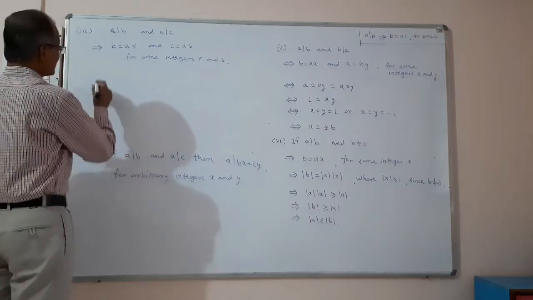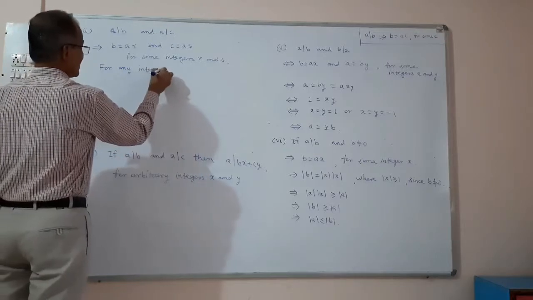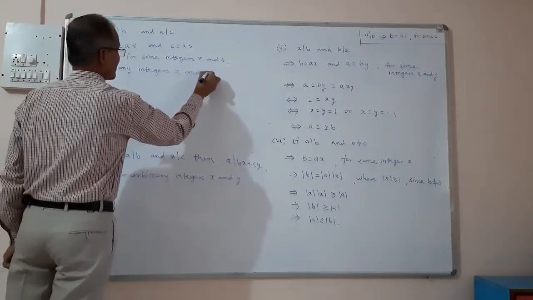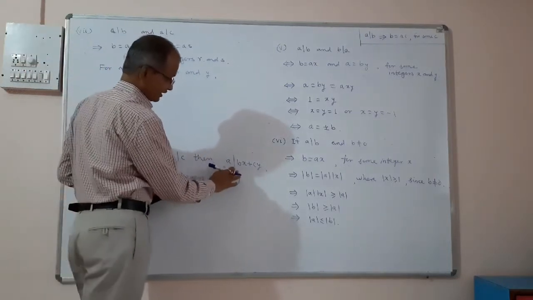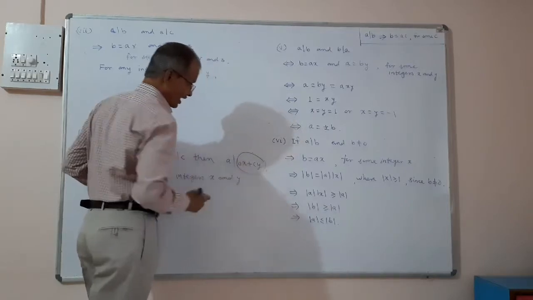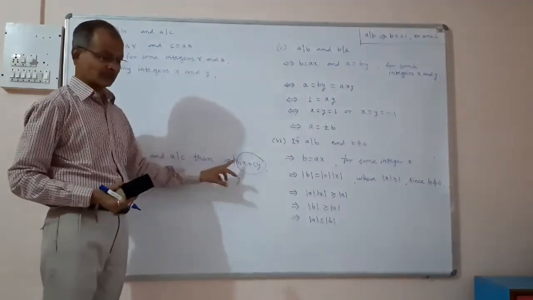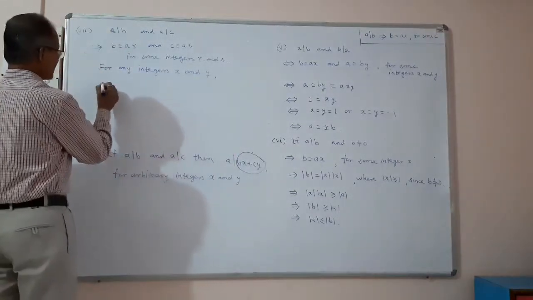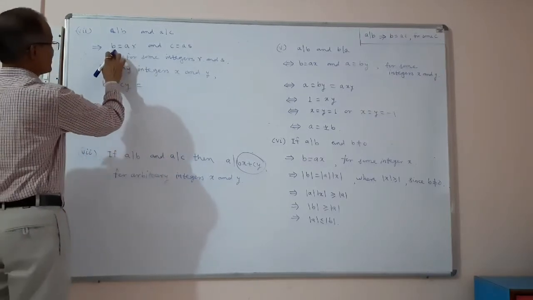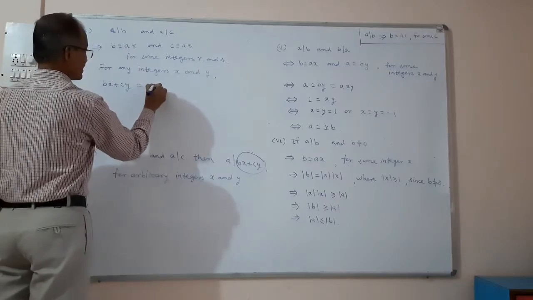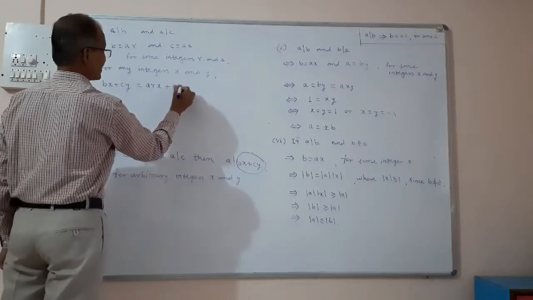And now for any integers x and y, what is the bx plus cy we should write? We want to show the divisibility relation. So therefore this we have to consider, and then show that a is a factor of this. For any integers x and y, bx plus cy is equal to multiply b by x, so bx will be arx, and cy, multiply this by y, asy.